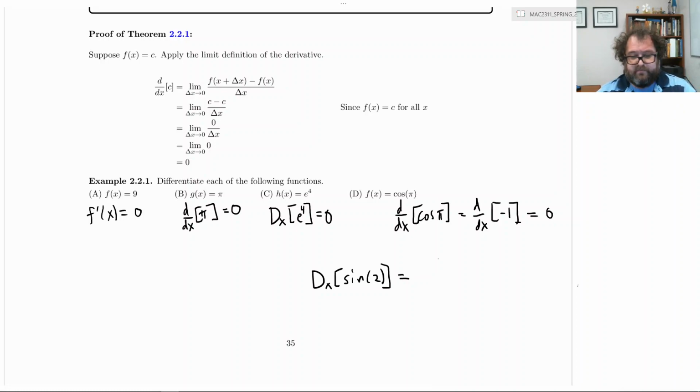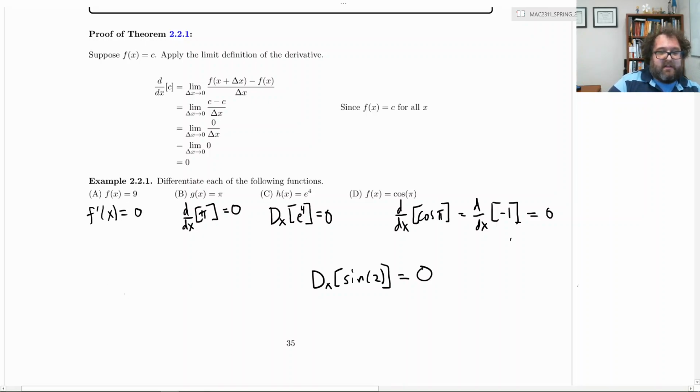Sine of 2 is 0.909297 and so on. It's a constant in disguise, so the derivative is always going to be 0. So be on the lookout for constants, first of all, but also things that don't necessarily look like they're a constant.